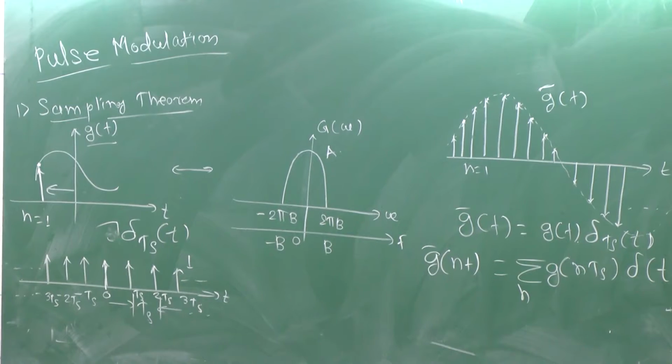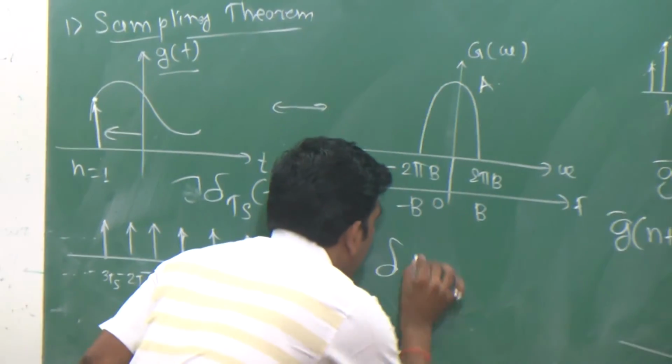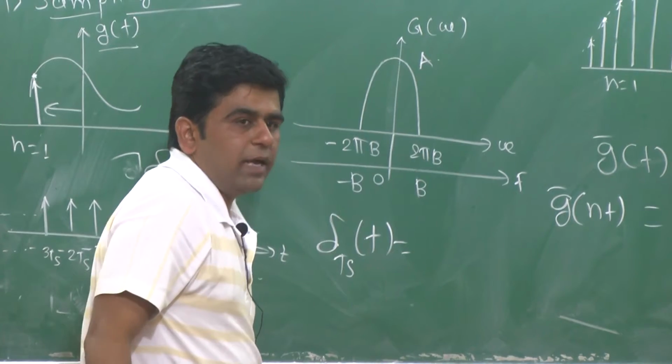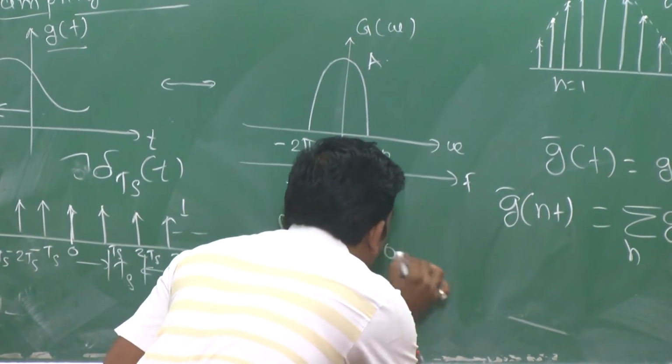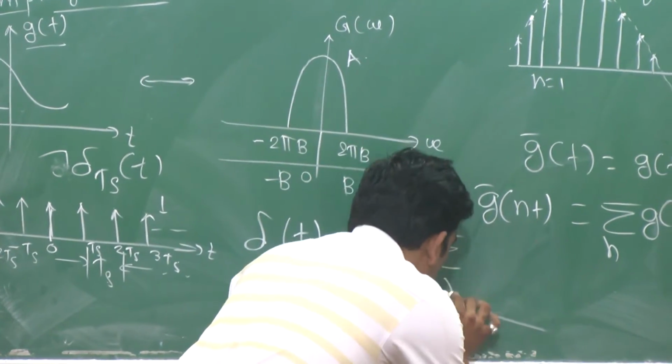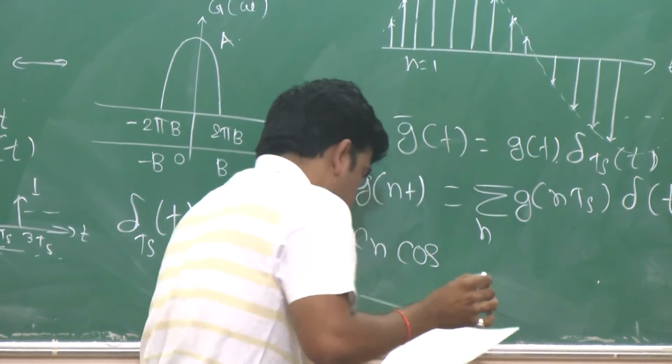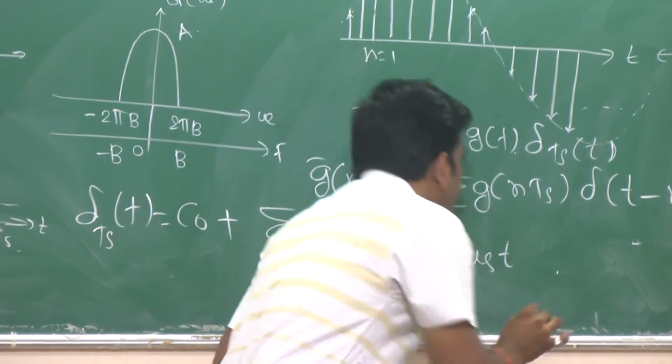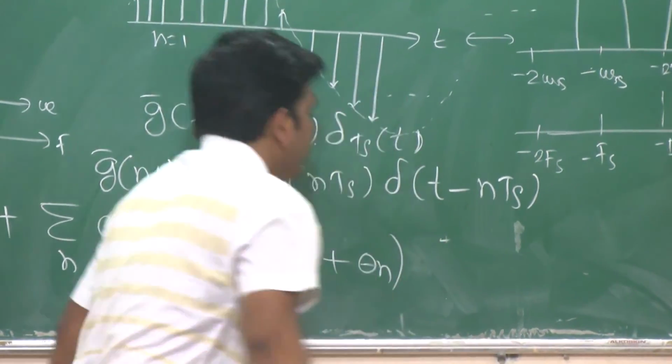So write down the representation of delta t by using Fourier series, that is equal to C0 plus summation over n of Cn into cos of n omega s t plus theta n, where omega s is equal to 2 pi by Ts, that is, omega s is equal to 2 pi fs or 2 pi divided by Ts.